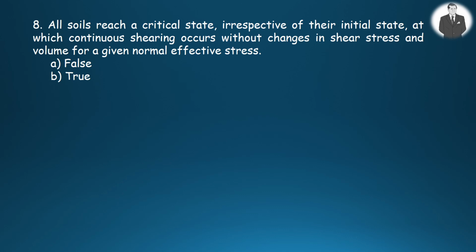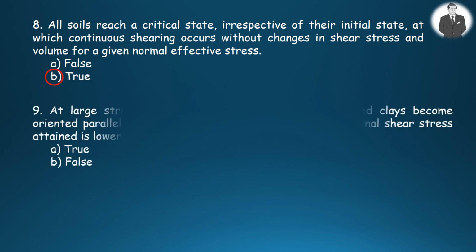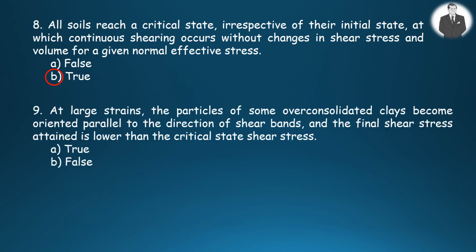Which one? No, it is not. Which one? Yes, the answer is true. Tell me, did you get it by chance or by choice? Be honest to me. By chance. Okay then.